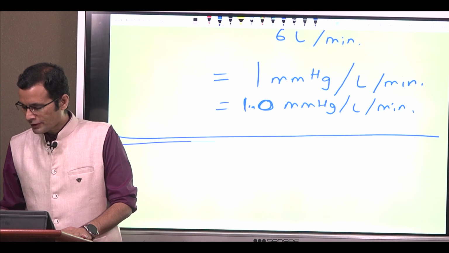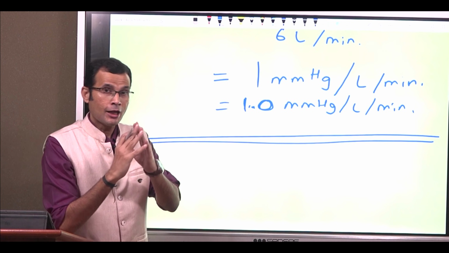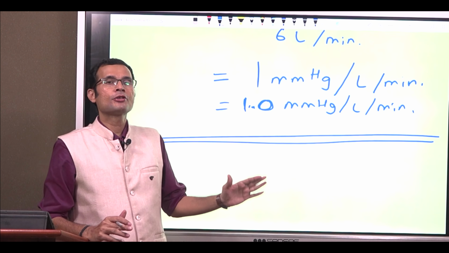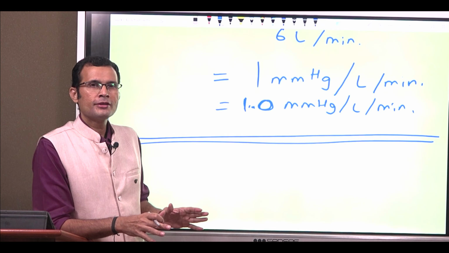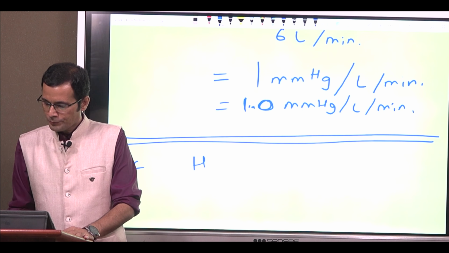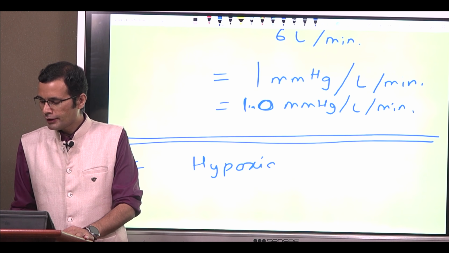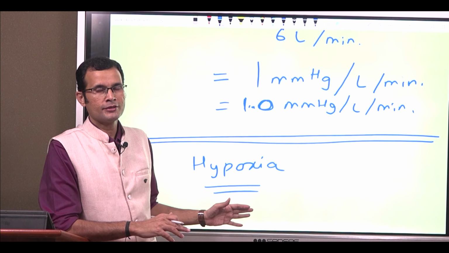The disease processes which involve, now we are talking about the application of this knowledge. The disease processes that involve hypoxia, they will lead to increase in the pulmonary vascular resistance.